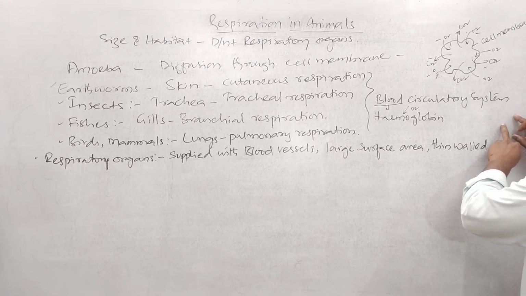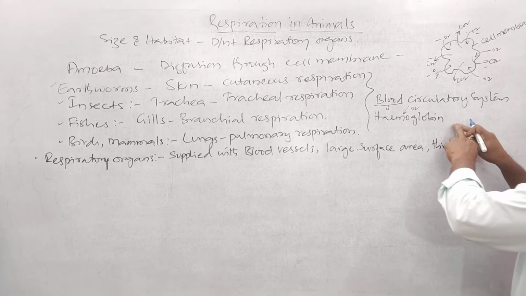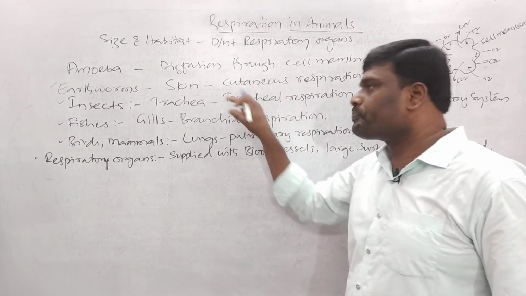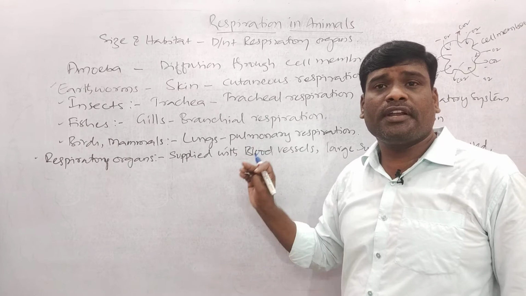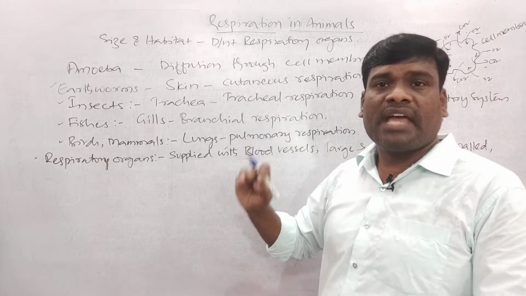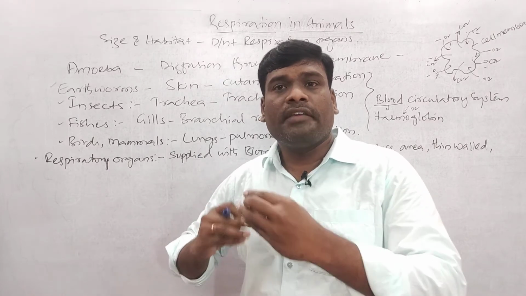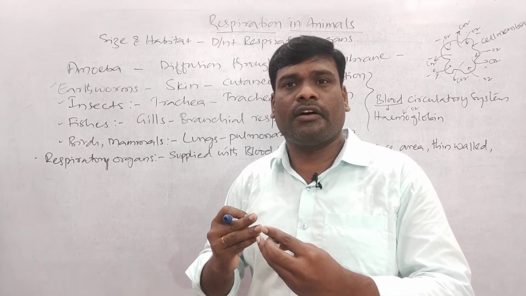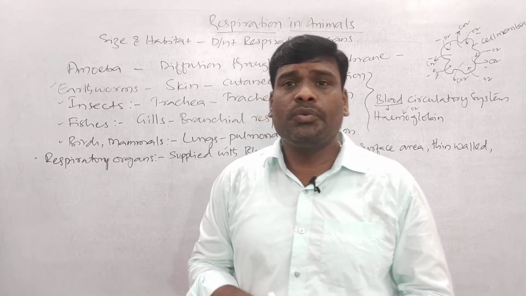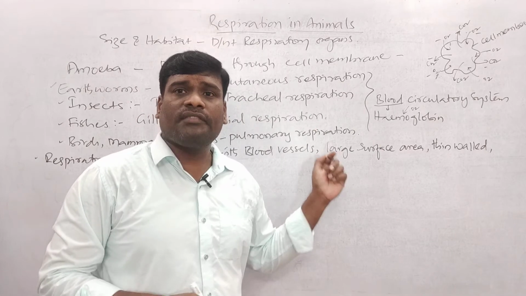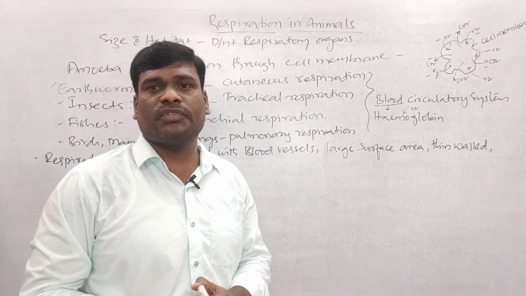That same carbon dioxide again comes back to the blood, and through the blood it again reaches the respiratory organs in higher animals, and from those respiratory organs, with the help of different parts of the respiratory organ, it comes outside, isn't it? So this is the main thing that we see in respiration in multicellular organisms. Got it, children?